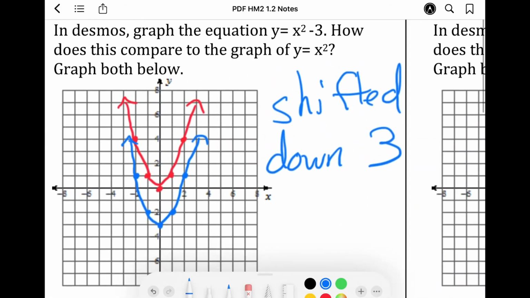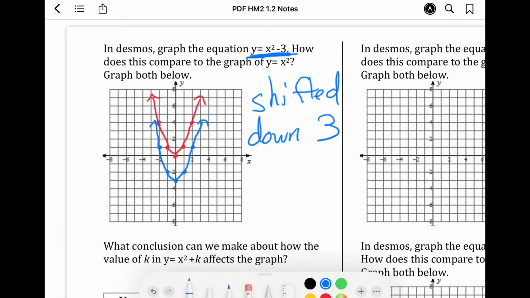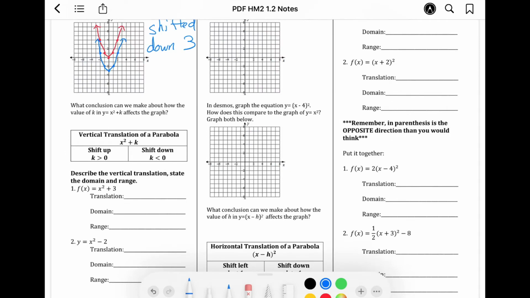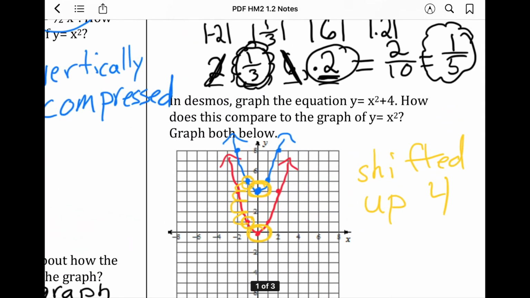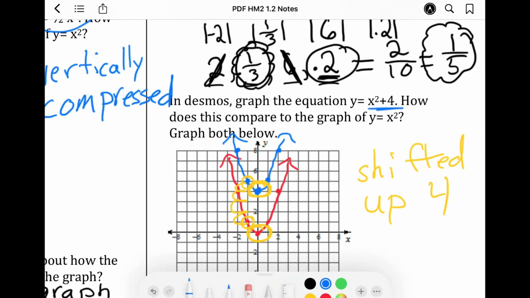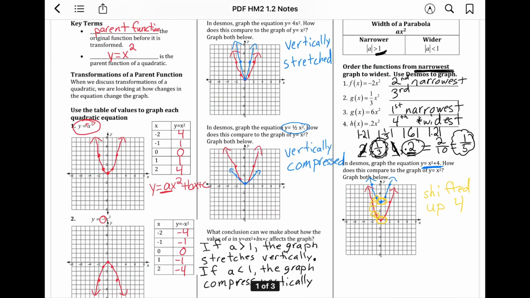Now, what can we conclude looking at the equation we used to transform this one? And also, what we used to transform the last one to go up 4.